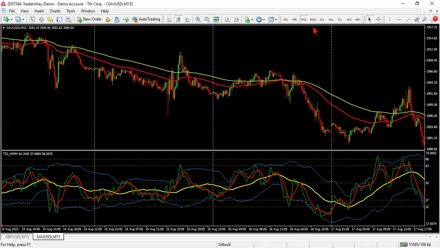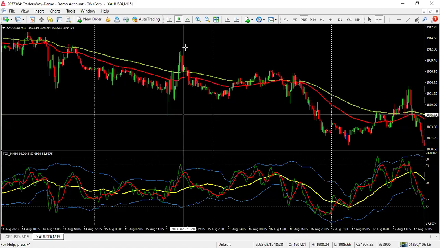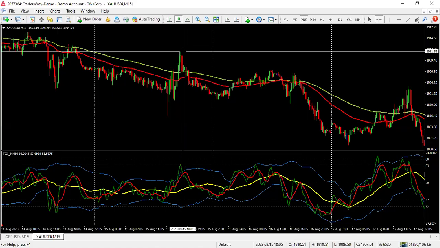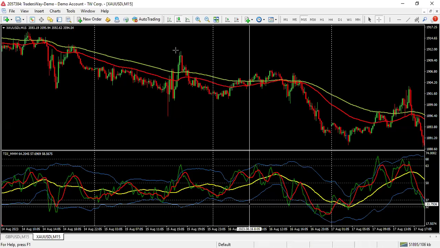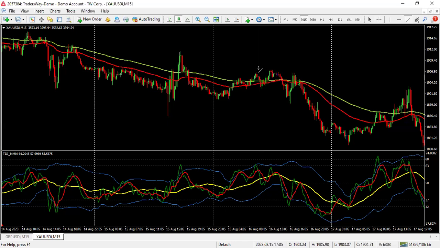All right, so let's look at this. This is bearish convergence, so for sale.